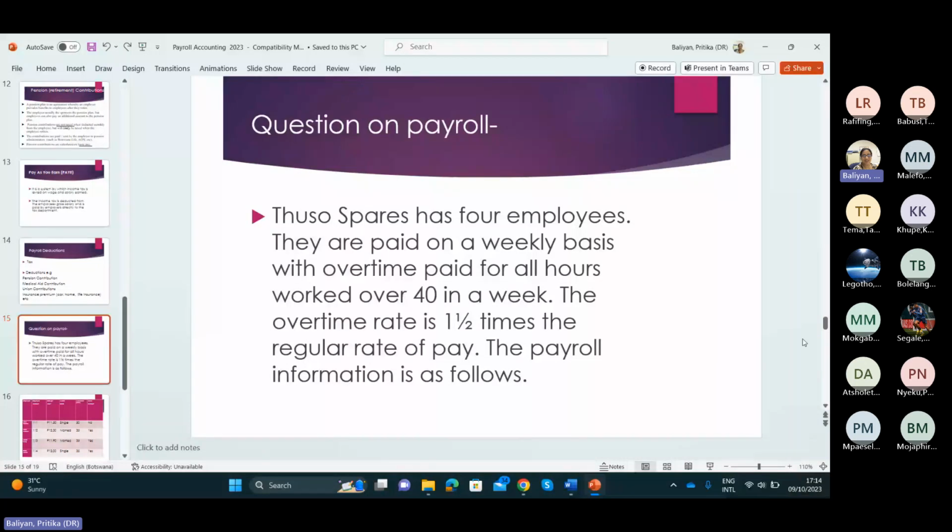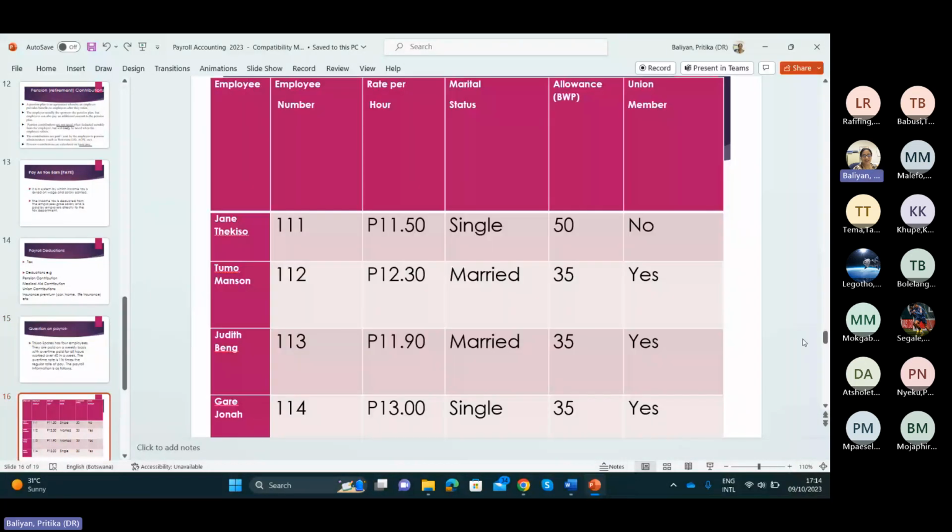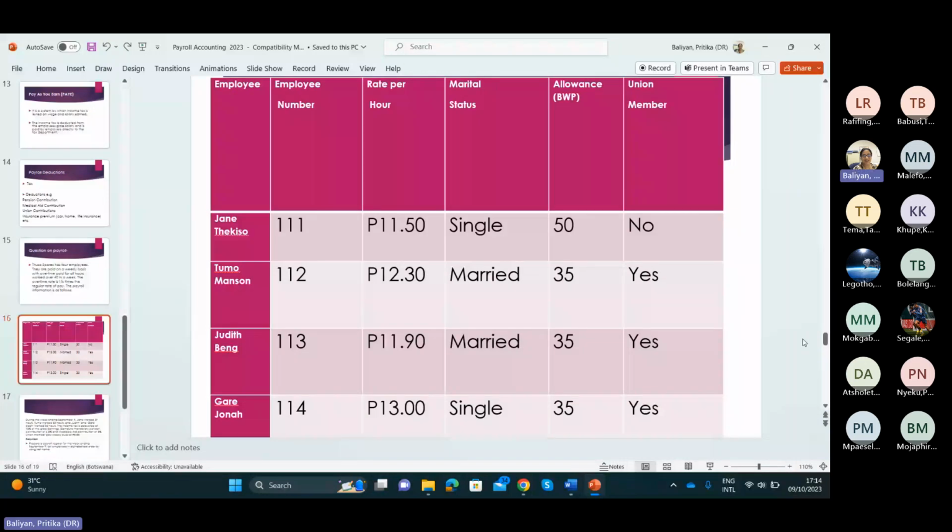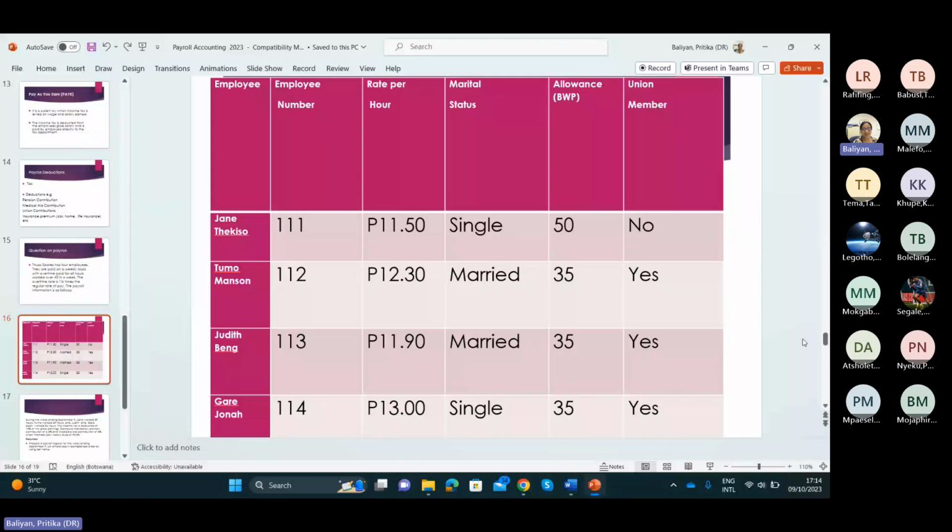So to determine the payroll slip, we have the other information, which you can see on the second sheet. There are 4 employees who worked for this business. Jane, Takiso, Tumo Mention, Juditha, Beng, and Gare Jonaha.